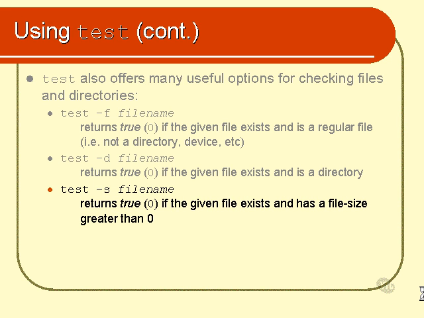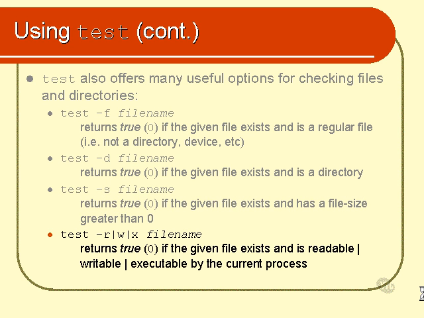We've got a couple of other options. We've got test minus S, which will return true if the file exists and has a file size greater than 0. Now it doesn't actually test to see whether it's a regular file or a directory or anything like that, it just tests its size. Directories too can have a size, so bear that in mind.